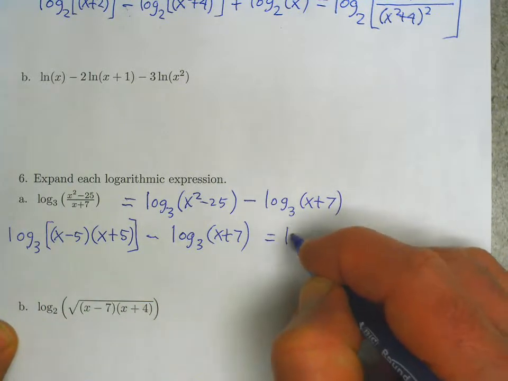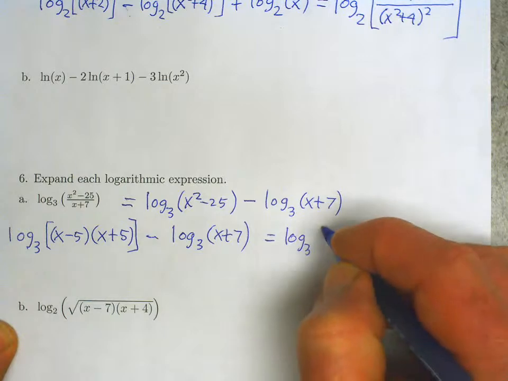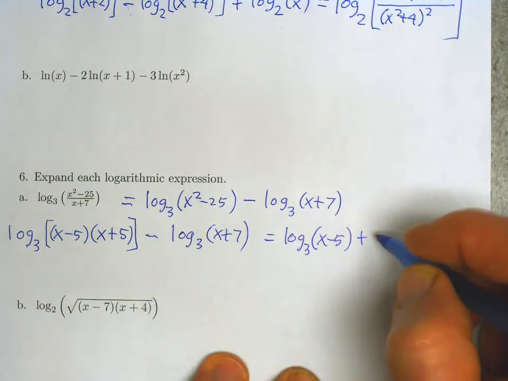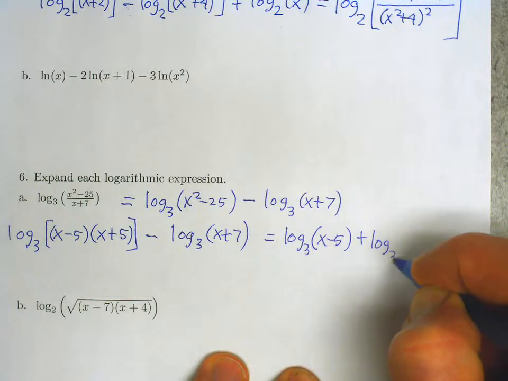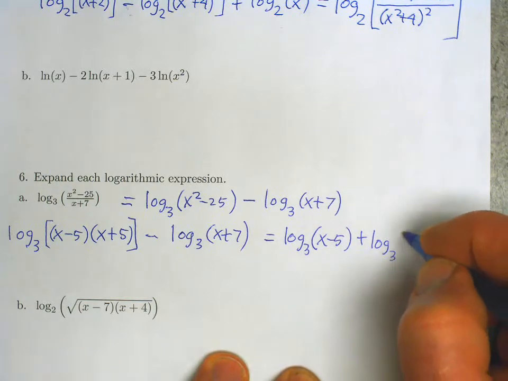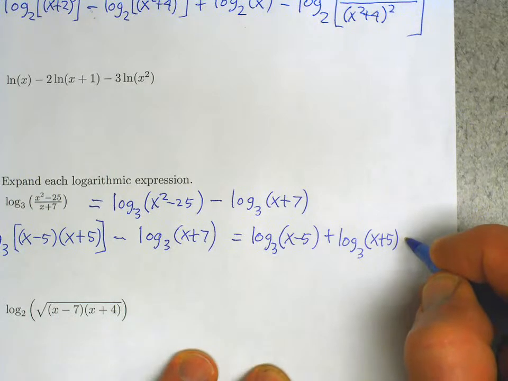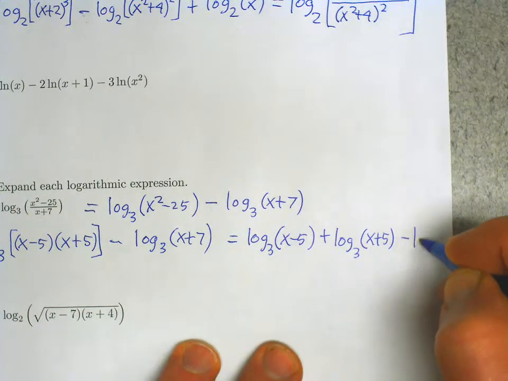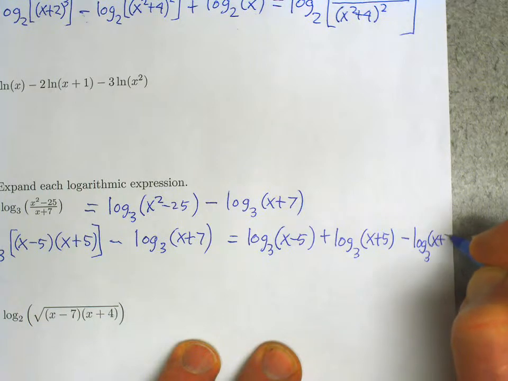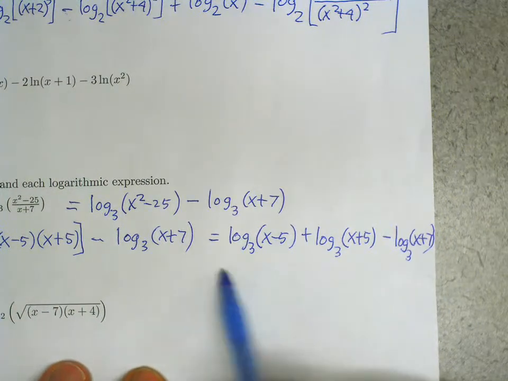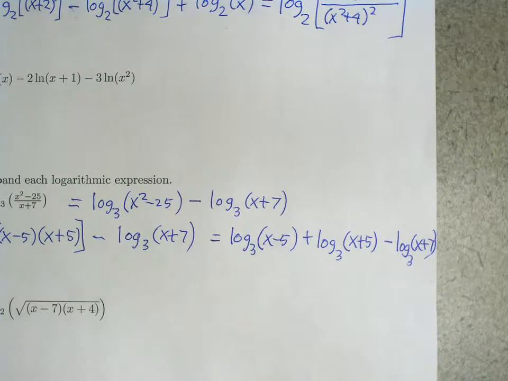So one is log base 3 of x minus 5, and then we're adding that to the base 3 logarithm of x plus 5, and then we're subtracting log base 3 of x plus 7. So this is the expanded form that we want on this one.